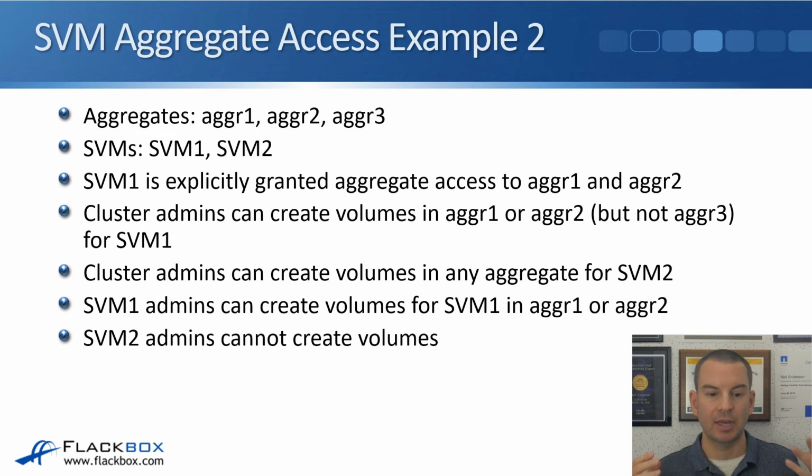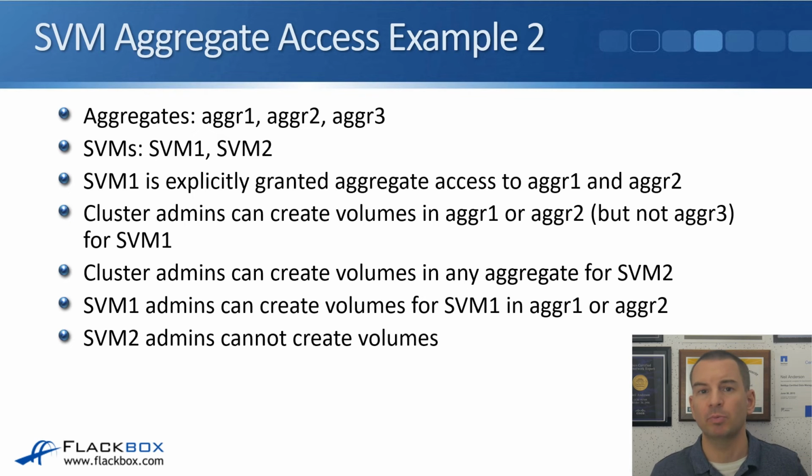Cluster admins can now create volumes in aggregate 1 or aggregate 2, but not in aggregate 3 anymore because access was explicitly granted just to aggregate 1 and aggregate 2. So if we hadn't explicitly granted access, then cluster admins would have been able to create volumes in any aggregate. But because we've explicitly granted it to just aggregate 1 and aggregate 2, cluster level admins can now only create volumes in aggregate 1 or aggregate 2 for SVM1.